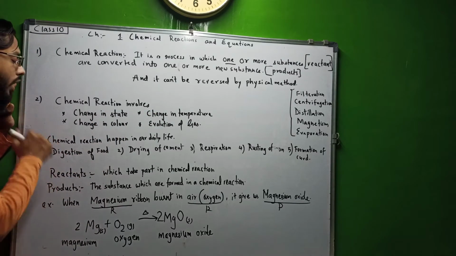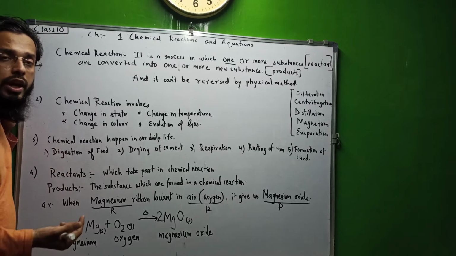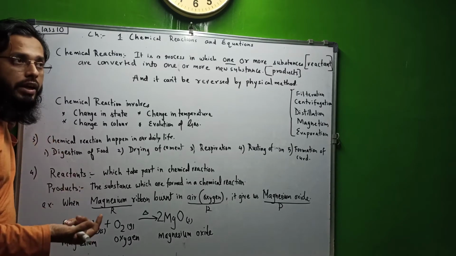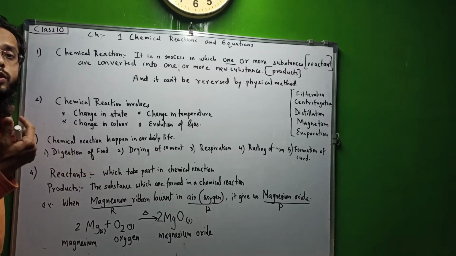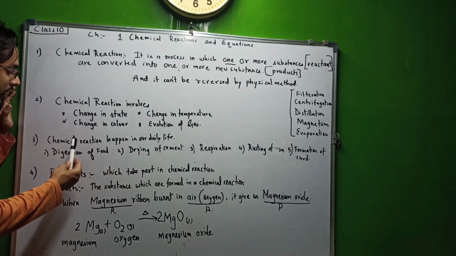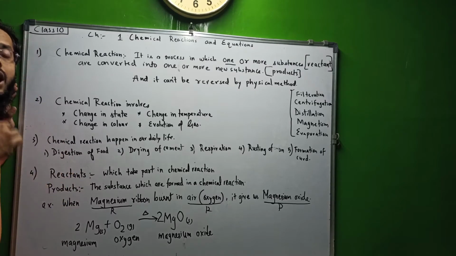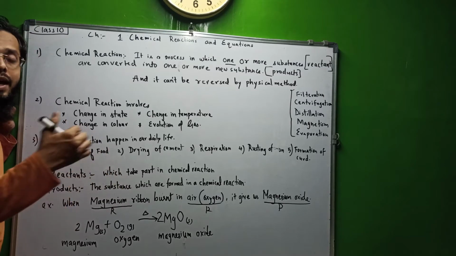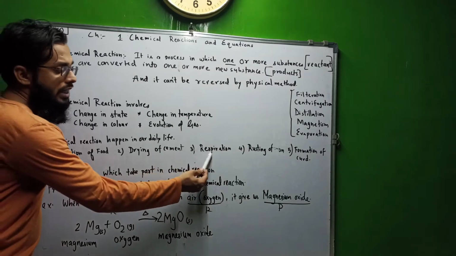Now, what are some chemical reactions? In our day-to-day life we can see drying of paint, drying of cement. These are actually chemical reactions. Even digestion of food. When we're digesting food, the proteins are digested into peptides and amino acids. So this is actually a chemical reaction. Respiration.